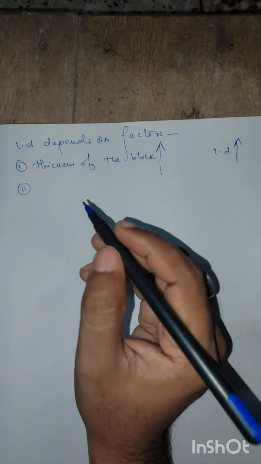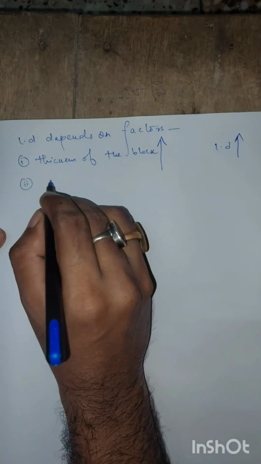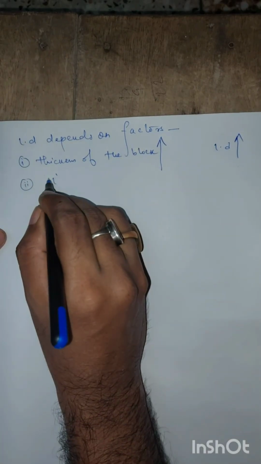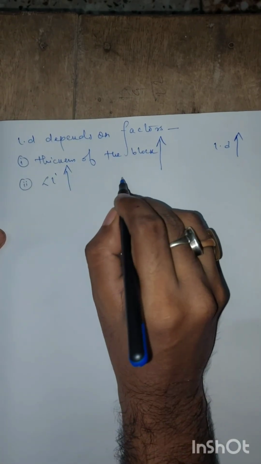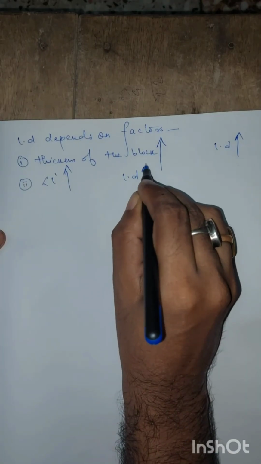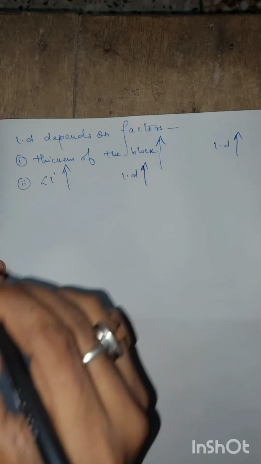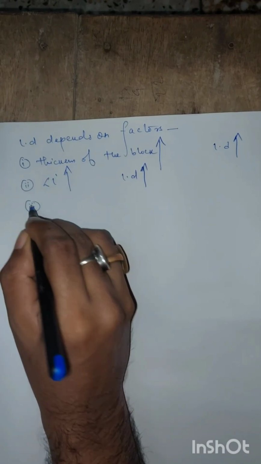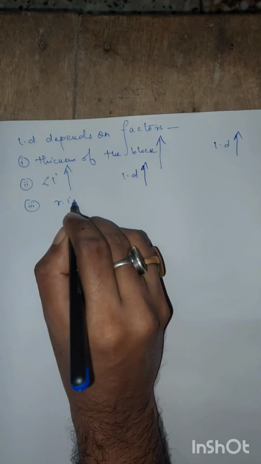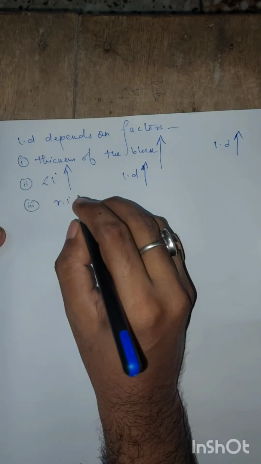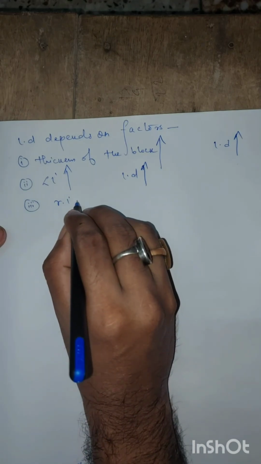Number 2, the angle of incidence. If the angle of incidence increases, lateral displacement will also increase. Number 3, the refractive index of the medium.